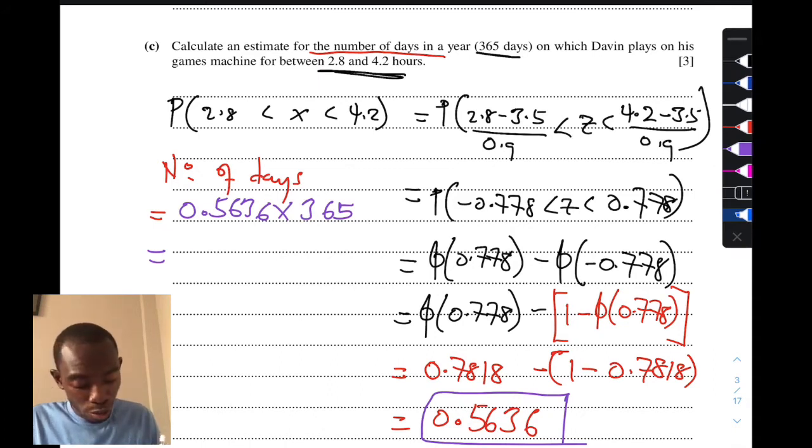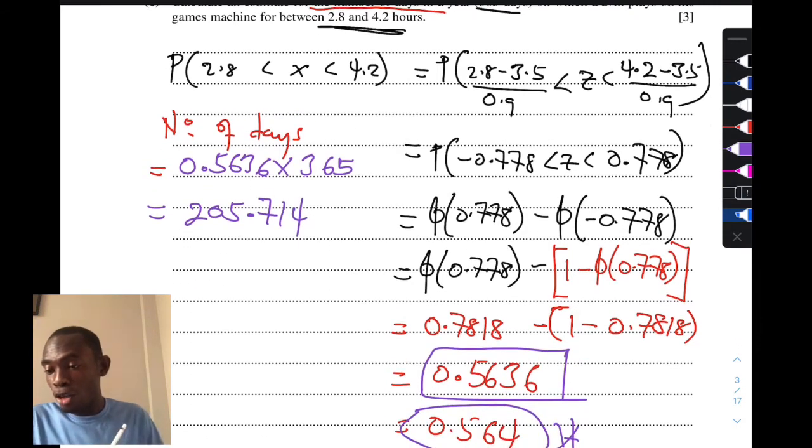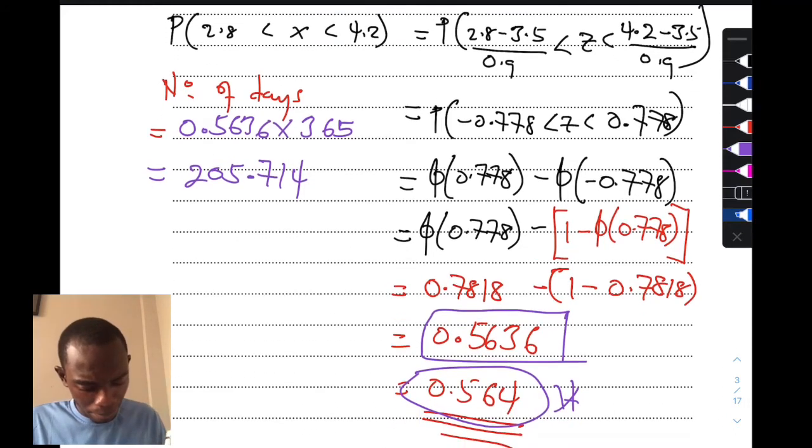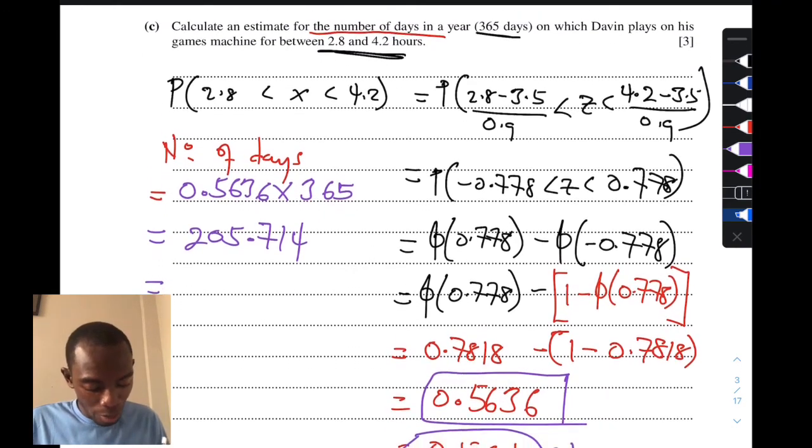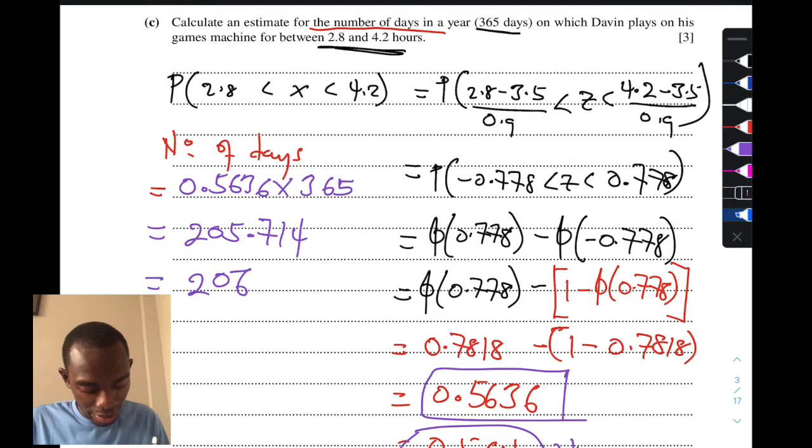So I'll get 205.1, this guy. Now if you look at the days that we have here, we don't have a decimal day. So we have to round this up. So that's 206 days.